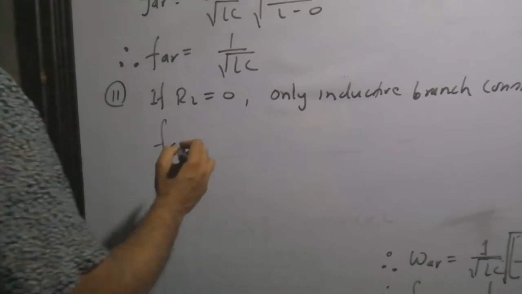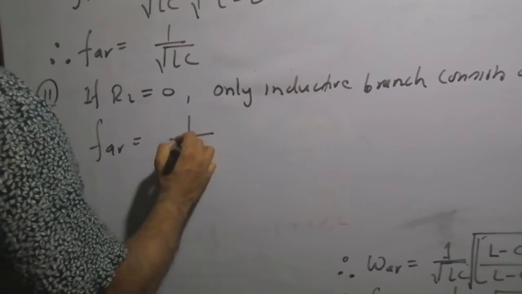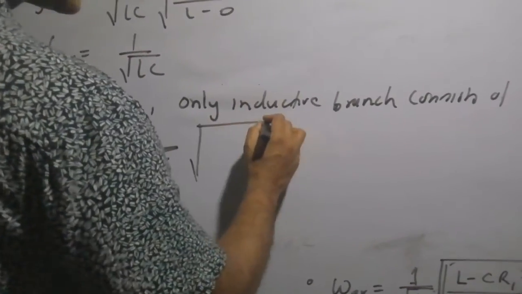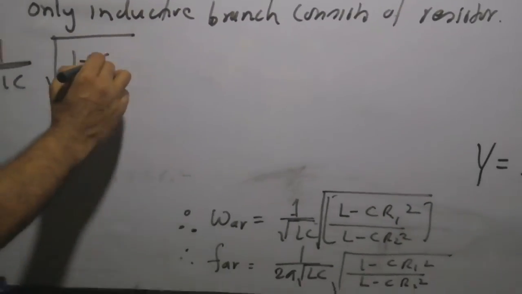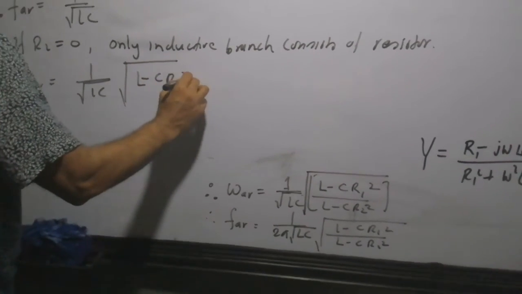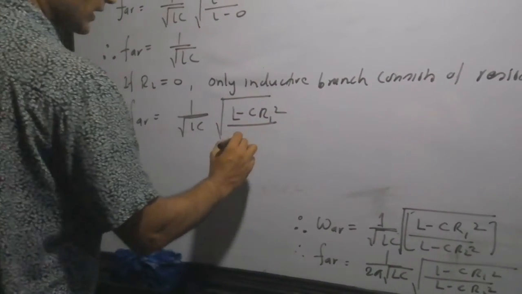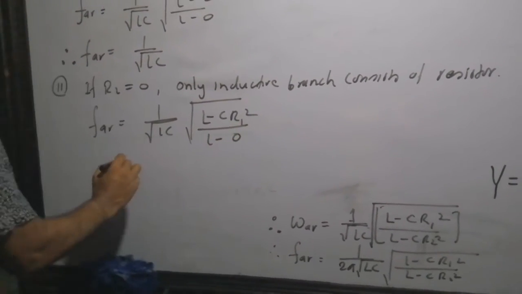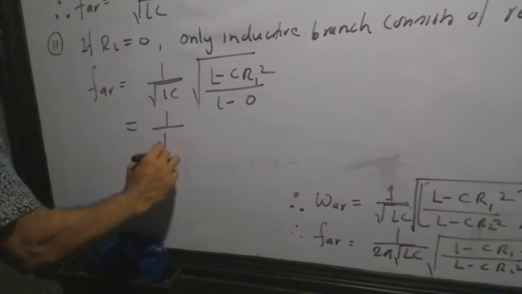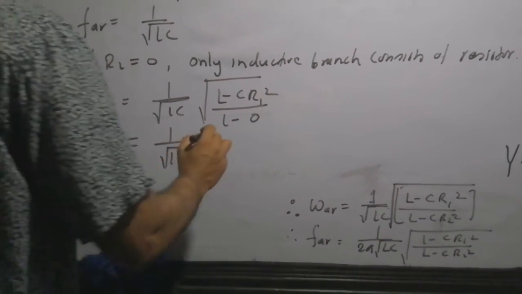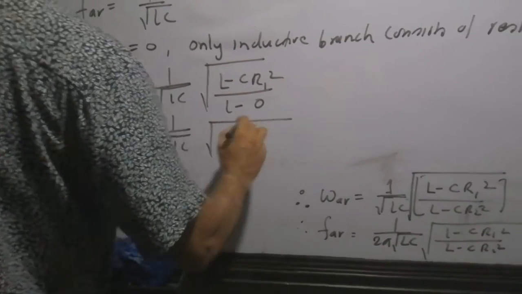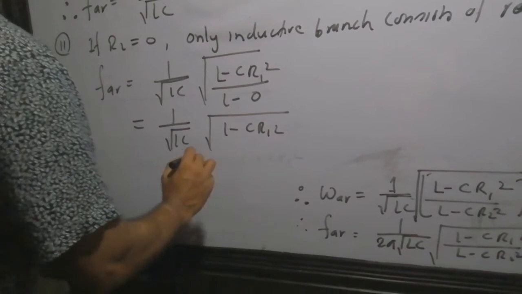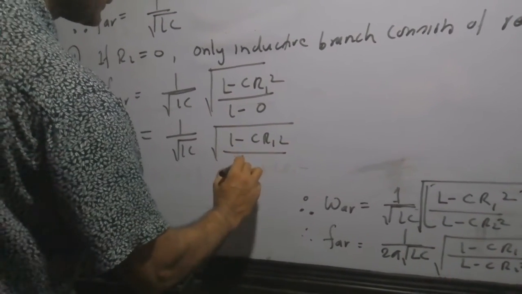The anti-resonant frequency, we get 1 by root LC, and root under this L minus CR1 square upon L minus 0, so we get 1 upon root LC, and here L minus CR1 square by L only.